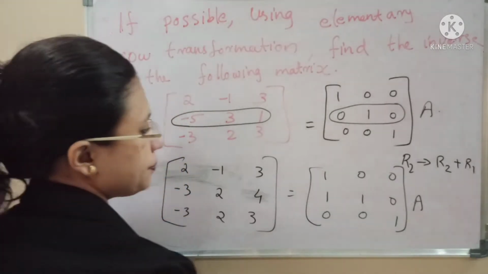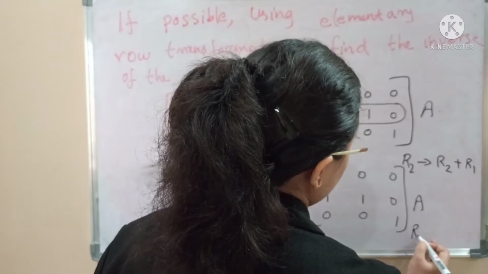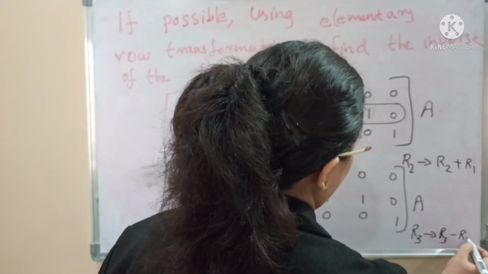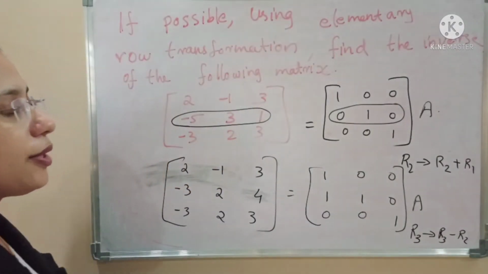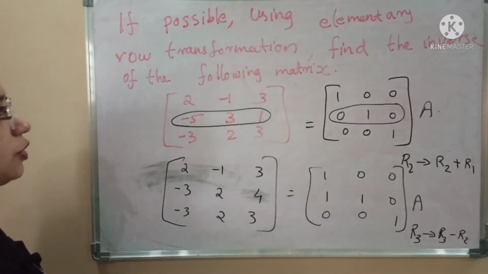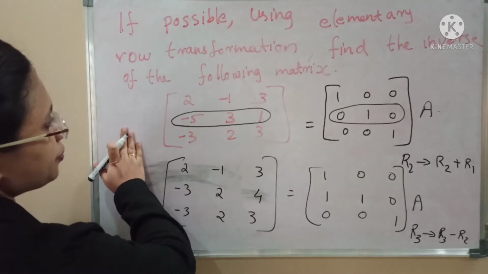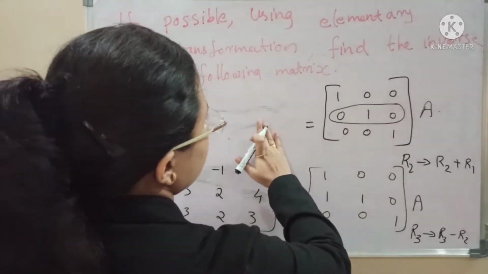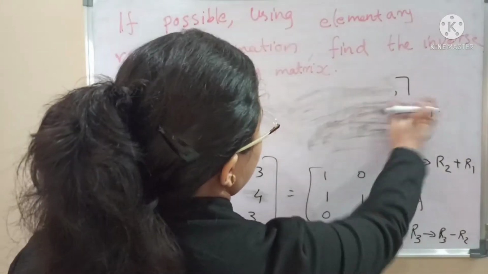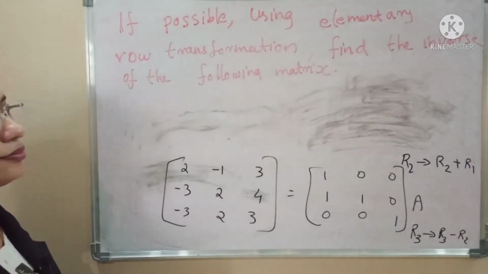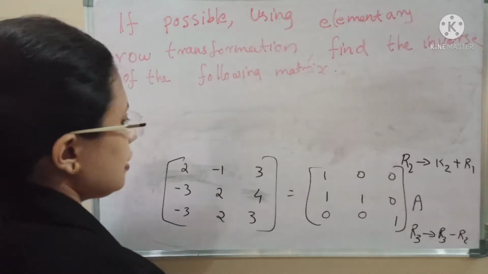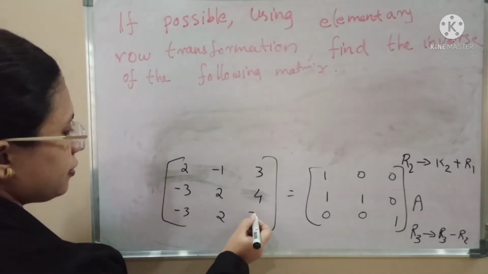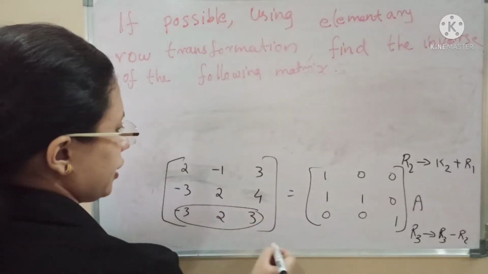So here R3 changed to R3 minus R2. So R3 is going to change, right?